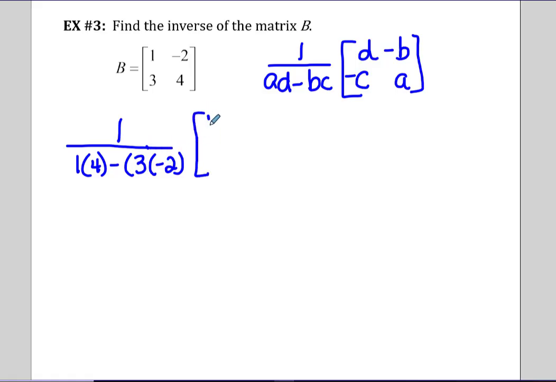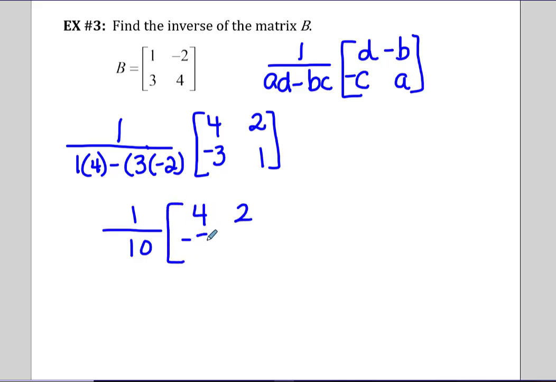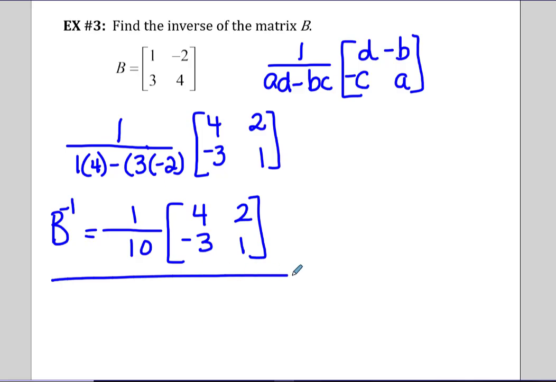And then the 4 and the 1 change places. The opposite of negative 2 is positive 2, and the opposite of 3 is negative 3. The determinant looks like 1 over 10 and 4, 2, negative 3, 1. So this is our inverse matrix. That's using the formula for a 2x2 matrix.